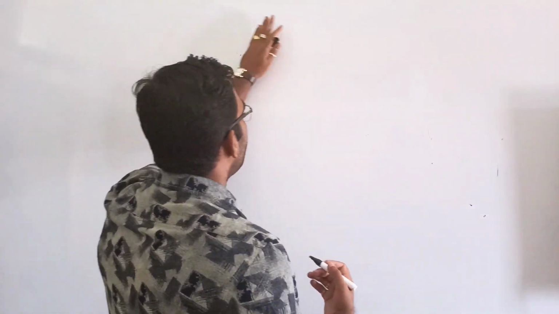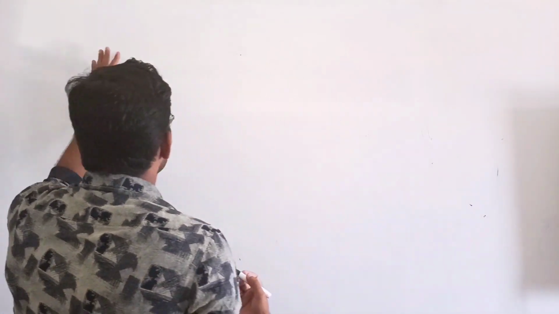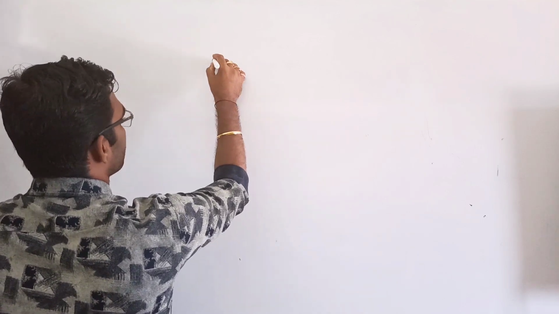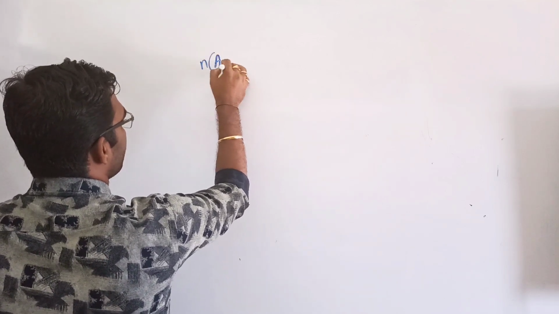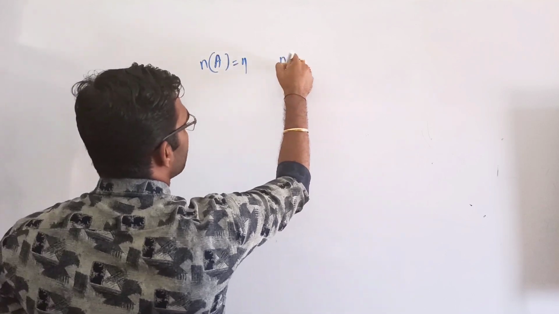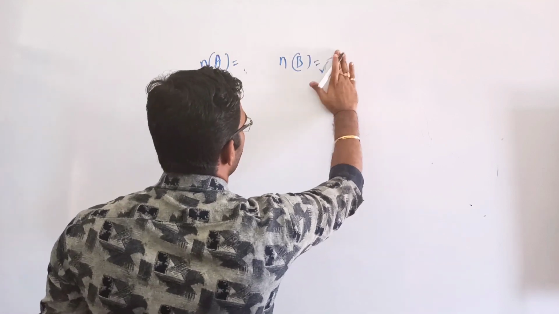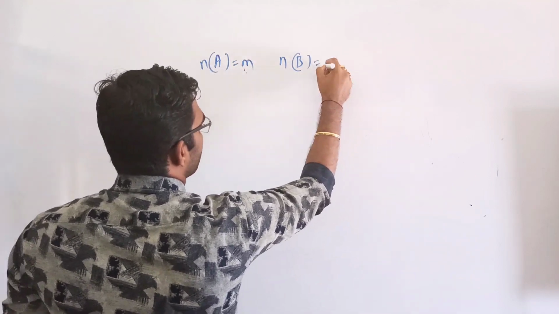So as we know, relations are subsets of the Cartesian product of any two sets. Let the set A have m elements and the set B have n elements.